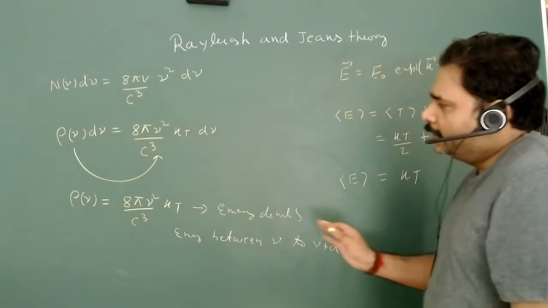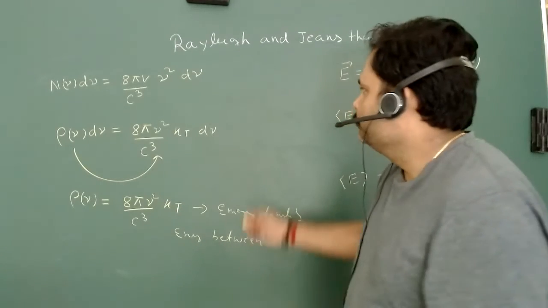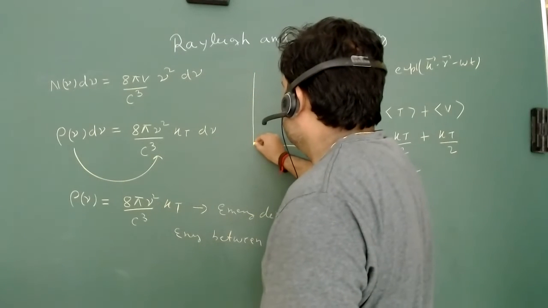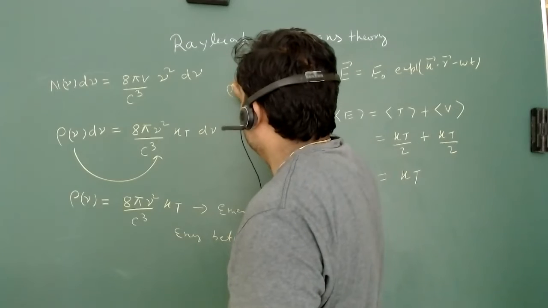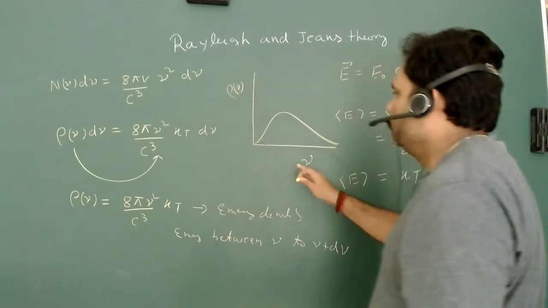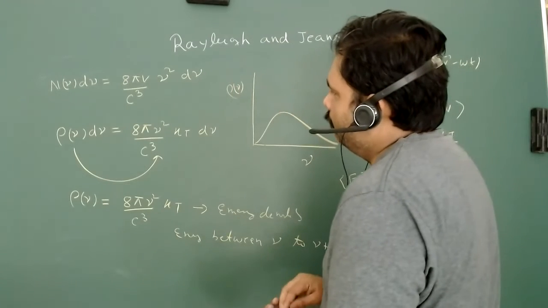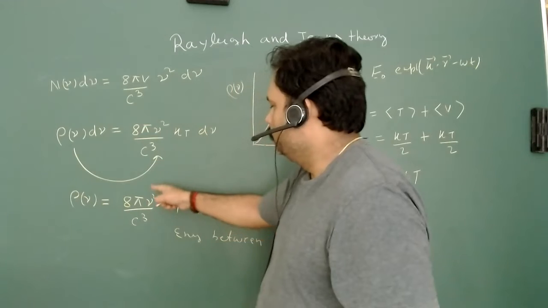So let's see up to which level this is correct. This is the actual relationship between rho nu, the energy density, that is energy per unit volume, versus nu. This is the actual distribution. But when we plot this, rho nu is proportional to nu square.